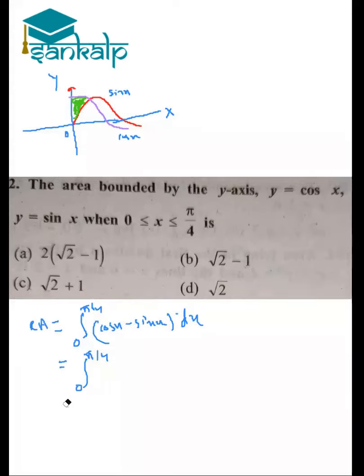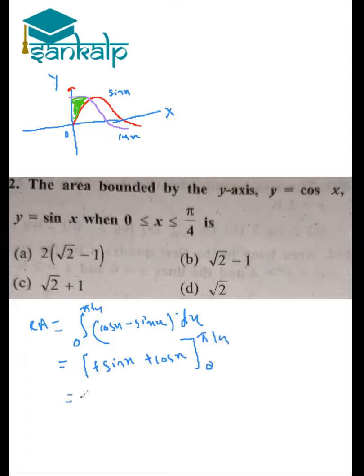Okay. So when we directly integrate this, we get, on integrating, cos x integration. Integration of cos x is minus sin x, and sin x integration is minus cos x. So minus of minus, it will be plus cos x. So sin x plus cos x under the limits 0 to pi by 4.